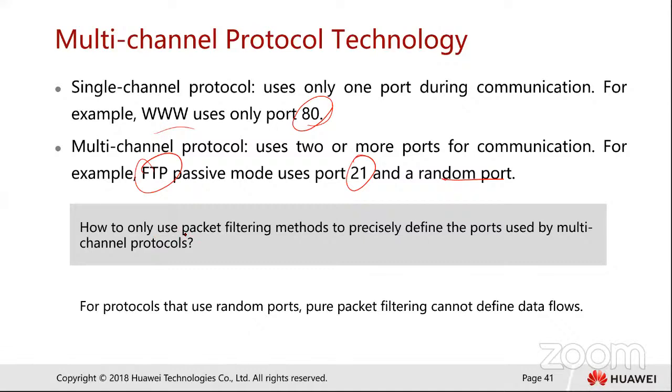So how do we only use packet filtering methods to precisely determine ports used by multi-channel protocols? Because they use 2 or more ports, it makes it very hard. Like the random port, there's no way you're going to configure it and predetermine it because it's going to be random anyway. So it makes it difficult for us to use multi-channel protocols as far as ACL is concerned. For protocols that use random ports, pure packet filtering cannot determine the data flows.